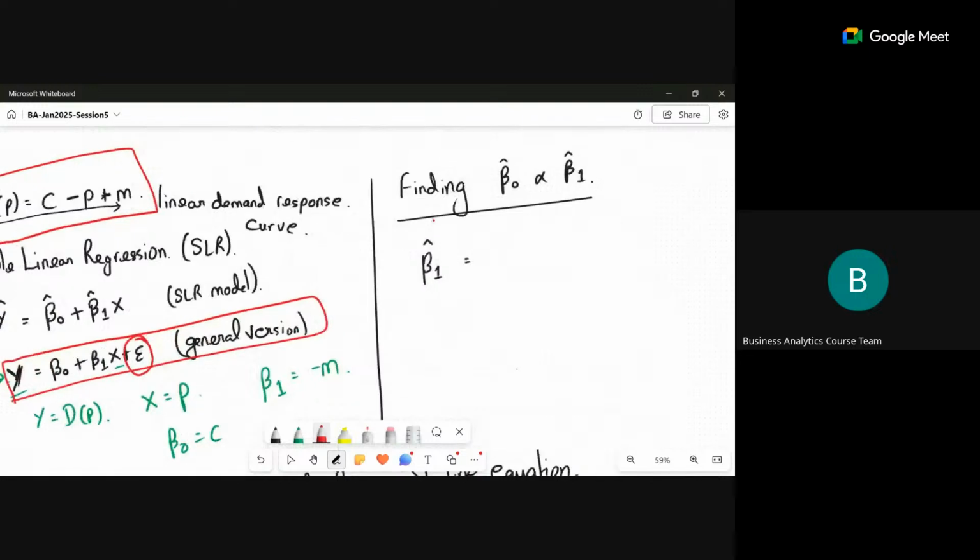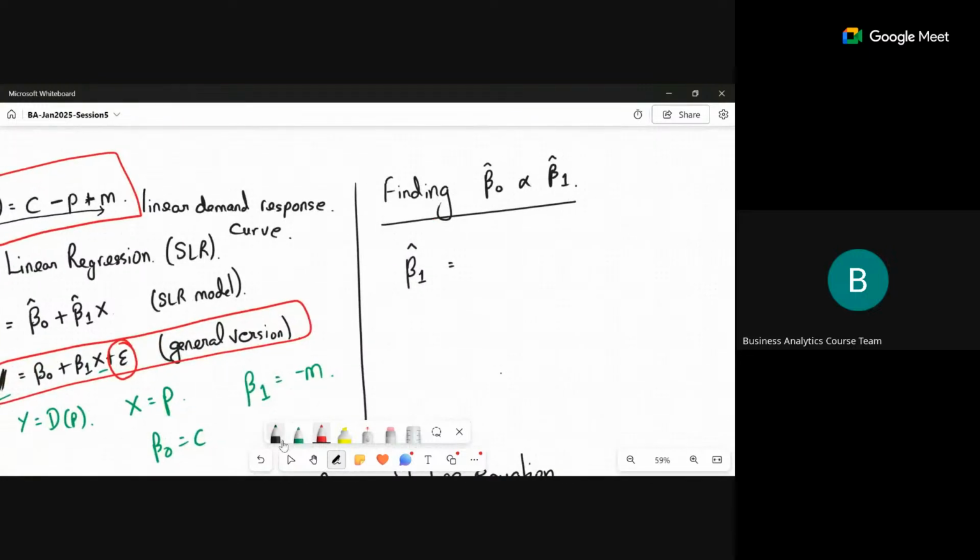But when you look at simple linear regression, there is a beautiful formula for beta 1 and beta 0 based on the least squares technique, right? Beta 1 is summation xy minus n into x bar y bar, divided by summation x squared minus n into x bar squared.